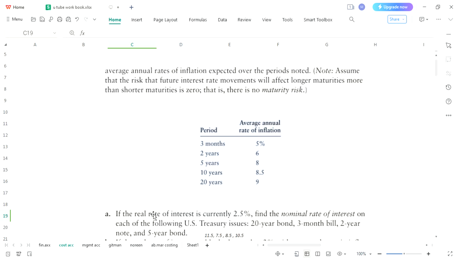Okay, let's get back to the question. We are at this stage where different periods are present. For 3 months, the inflation rate is 5%, for 2 years, 6%, and this detail is given for the rate of inflation. And what is our requirement? If the real rate of interest is 2.5, that means the real rate, find the nominal rate of interest.